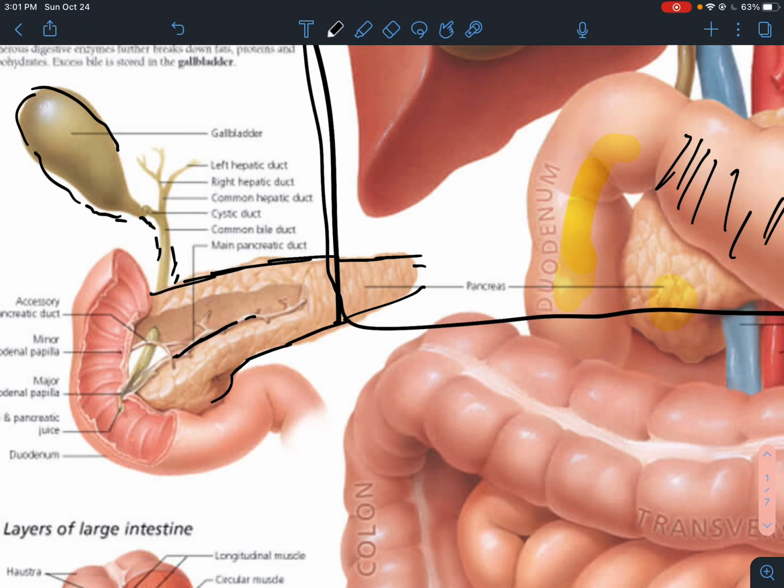And we're going to see how the ducts of the bile coming out of the gallbladder and the ducts of the pancreas are linked in order to send their secretions out, their exocrine secretions out, into the duodenum, or that first C-shaped part of that small intestine.